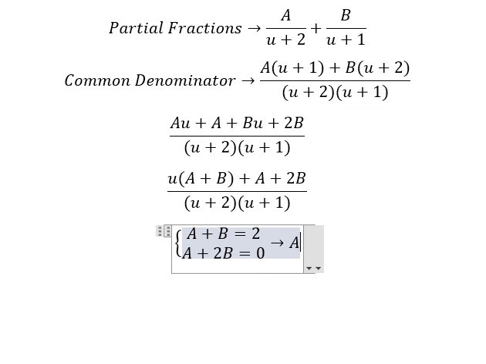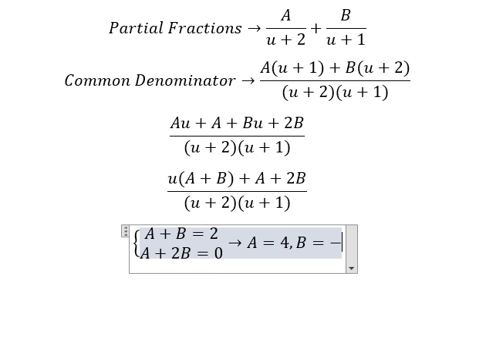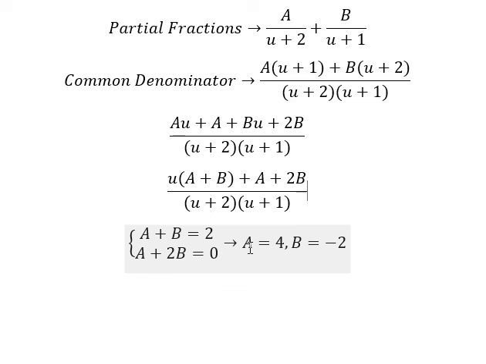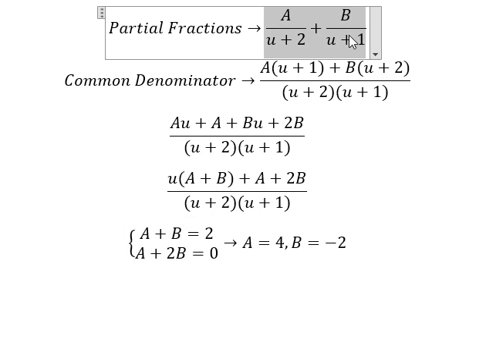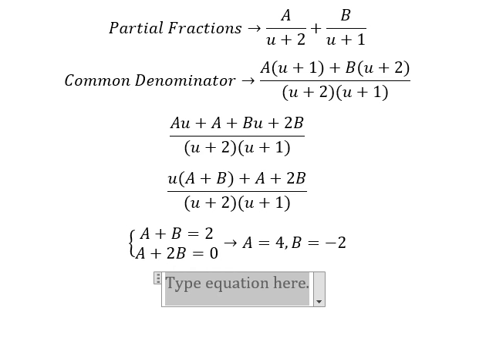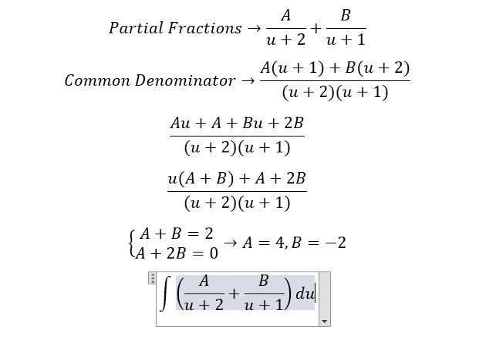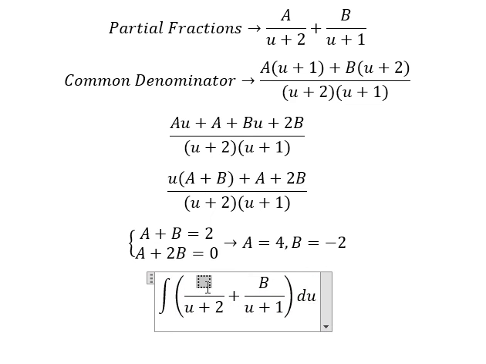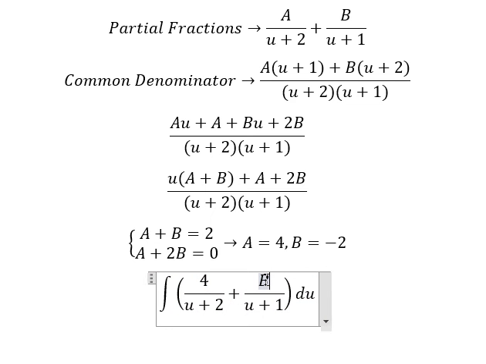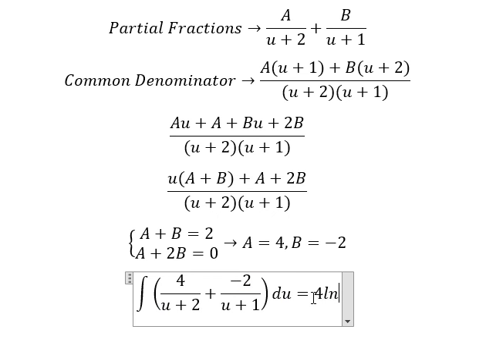So a equals 4, b equals negative 2. So we put a and b in here. And now we have the final answer.